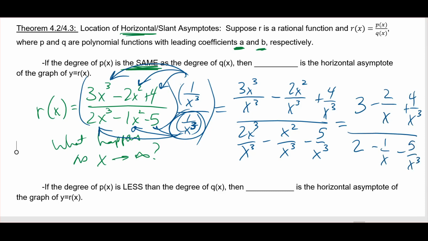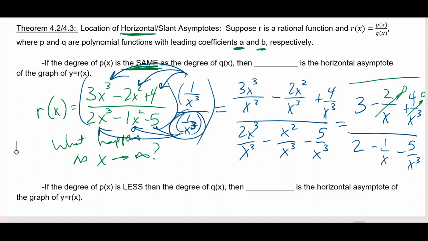Okay, so if we're asking what happens to this whole thing as x goes toward infinity, what happens to all of these pieces? This one right here only depends on the denominator. If we increase that denominator, this piece goes toward 0. If I divide 2 by something increasingly larger, that piece goes towards 0.